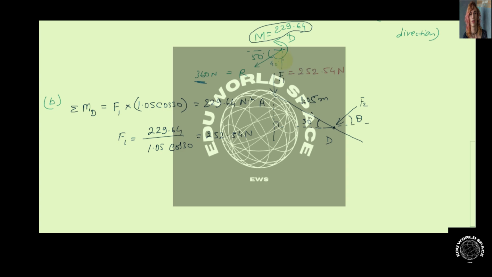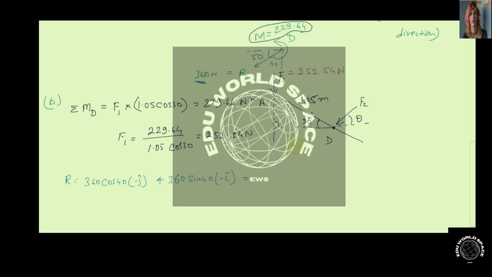So we can write this equivalent force at point D in vector form as 360 cos 40 minus j cap, plus 360 sine 40 minus i cap, and we can balance this by the equivalent force acting in this equivalent system.